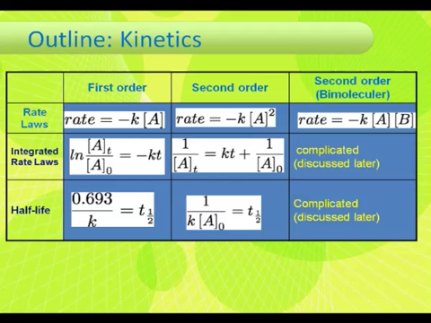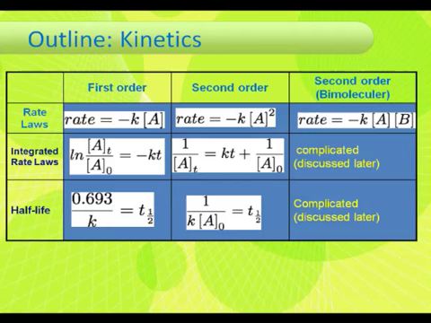For first order reaction and second order reaction, only the second and third column. You can see from the table, just have a look. Rate laws, we already seen, and integrated laws, we already see it, and then half-life, we already discussed it. So we have done this one.